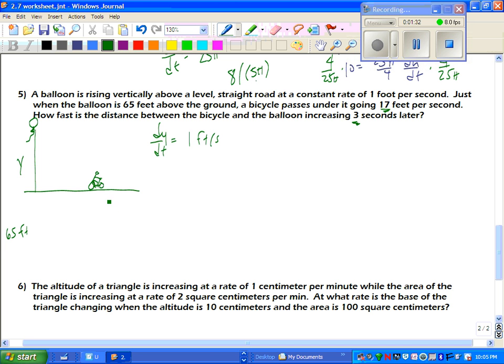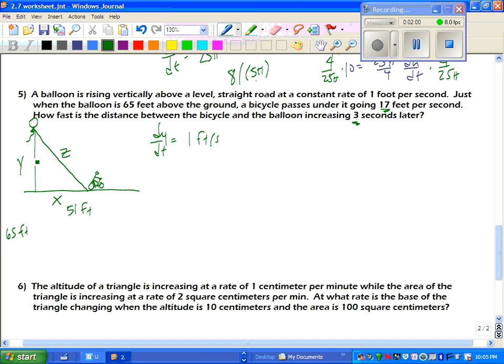Our bike's going to be over here. We're trying to figure out how fast this distance between them is changing. So we're going to make that z, and then x is our horizontal distance. If the biker rides for 3 seconds at 17 feet per second, x is going to be 51 feet. 3 times 17.